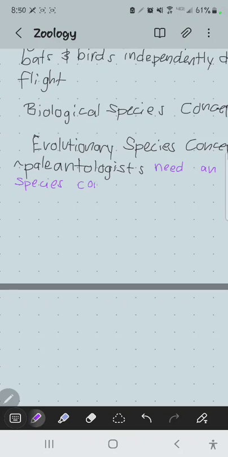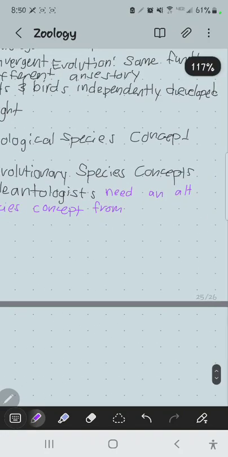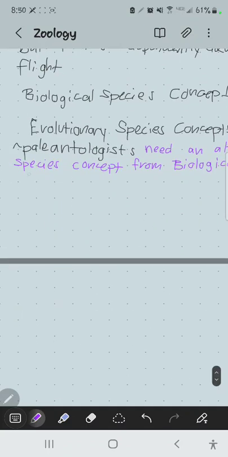So paleontologists use an evolutionary species concept, which essentially is just like Linnaeus or Darwin would have done, right? Typological or nominal species concept. Paleontologists are essentially using the same idea. So I want to point that out, that the biological species concept is difficult to apply to many circumstances, certainly to the fossil record.